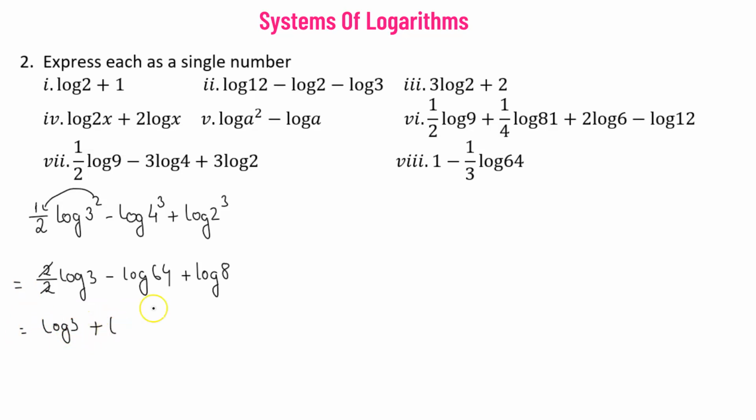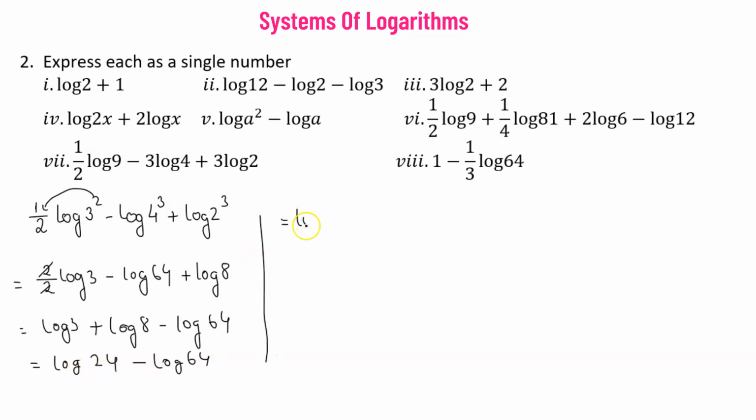Well, let's write the third term as the second term, log of 8 minus log 64. Right? So we will add the two logarithms. So that will be log of 3 times 8. So 3 times 8 is 24. So we have log of 24 minus log of 64. And finally, we can combine these two logarithms as log of 24 divided by 64.